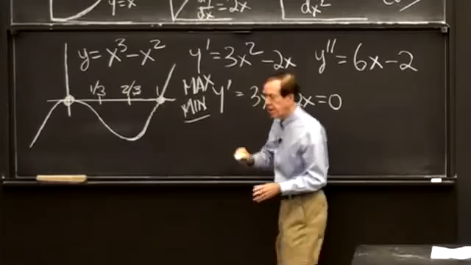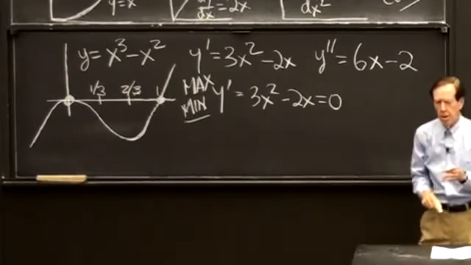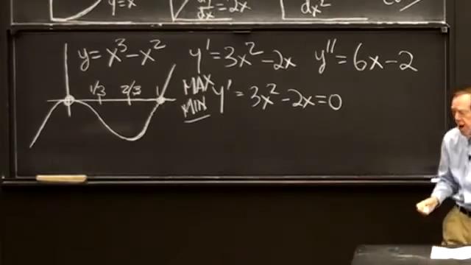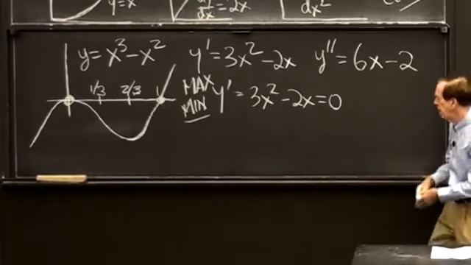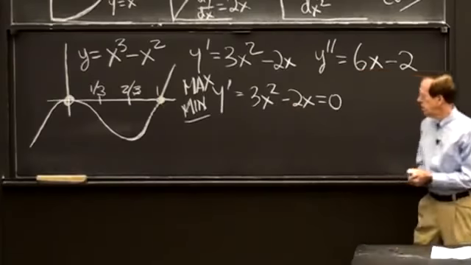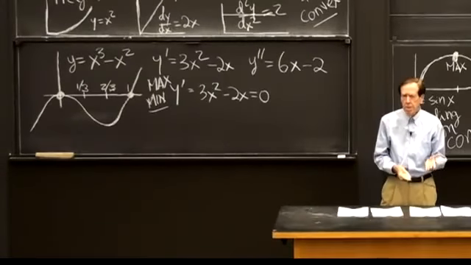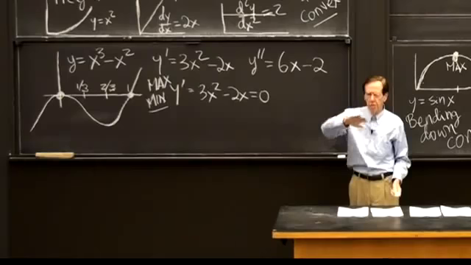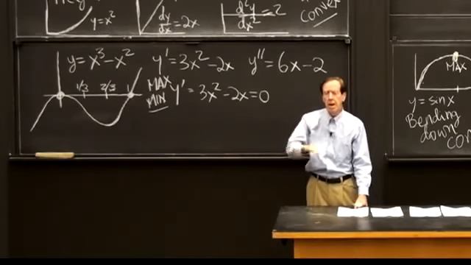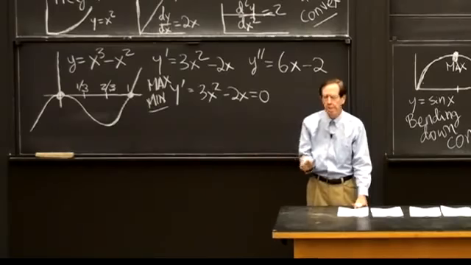And I look for both at the same time by setting y prime equals 0. And then I find out which I've got by looking at y double prime. So let me set y prime to be 0. What are the solutions? Where are the points on the curve where it's stationary? It's not climbing and it's not dropping.